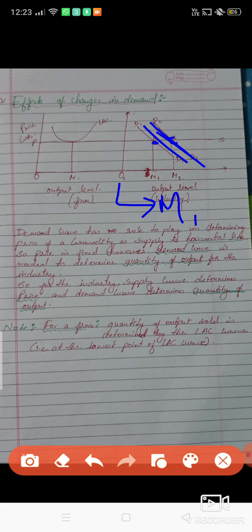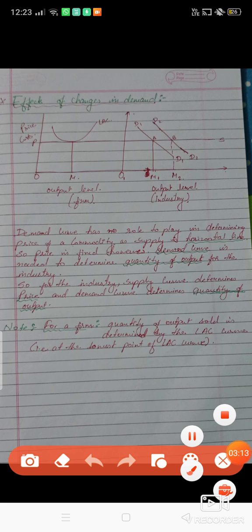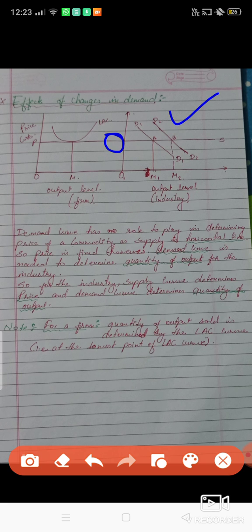It means the industry can determine that O1 M2 level of output they must produce, as per the demand. So therefore we can say that demand in the industry has no role in determining price, but demand has a role in determining quantity of output for the industry.